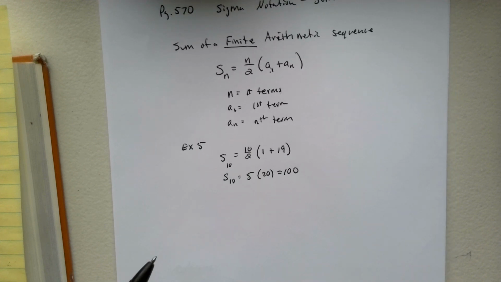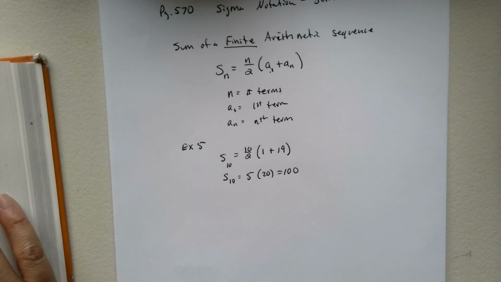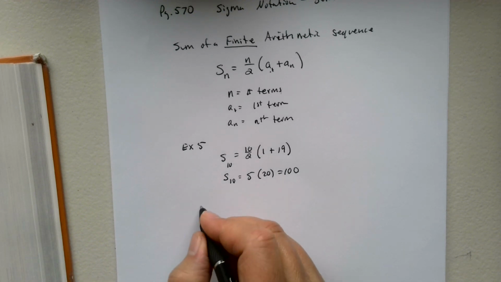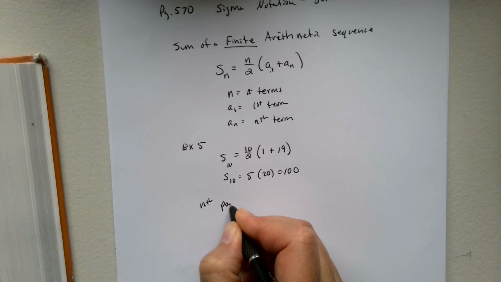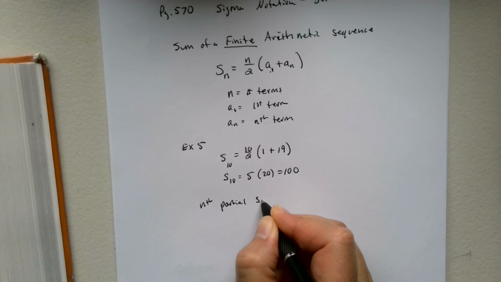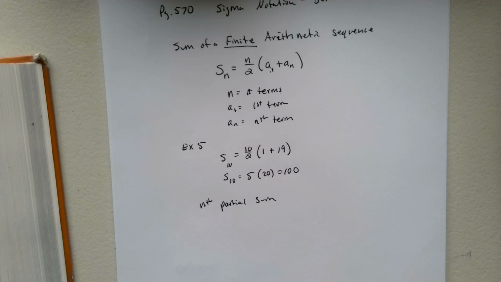divided by 2. Now, if you look at the top of page 571, it says the sum of the first n terms of an infinite sequence is called the nth partial sum. And the nth partial sum can be found by using the same formula.